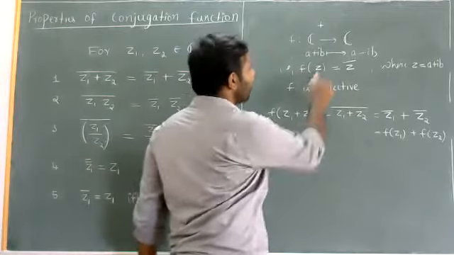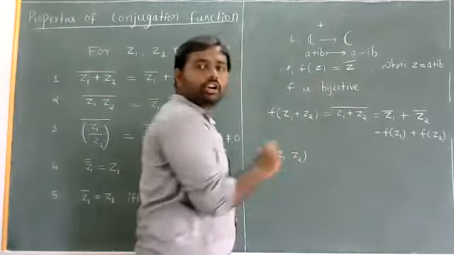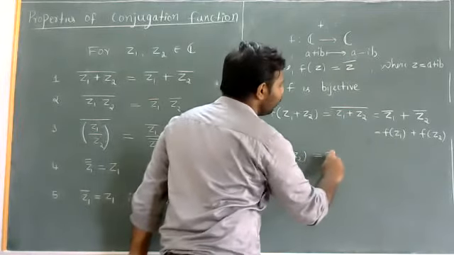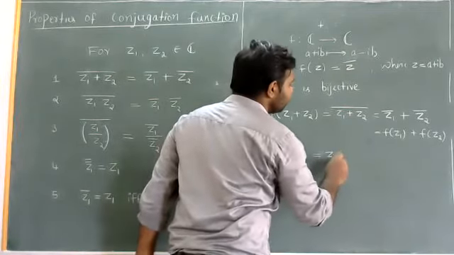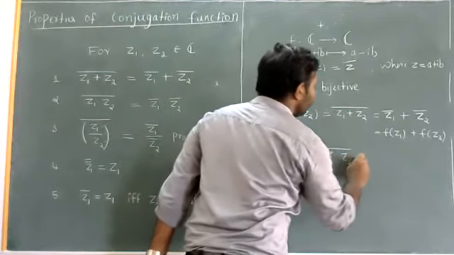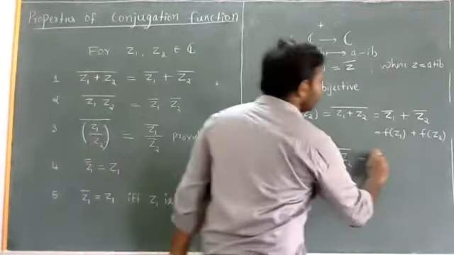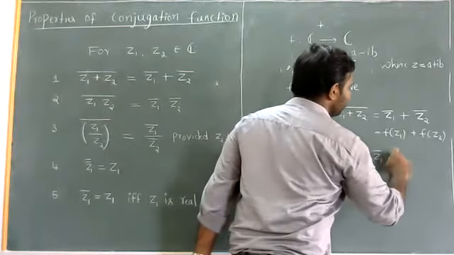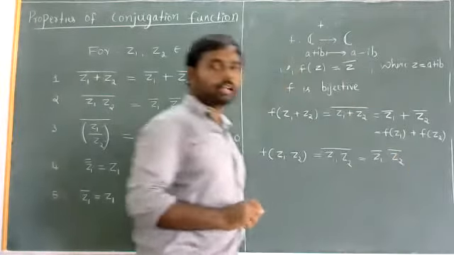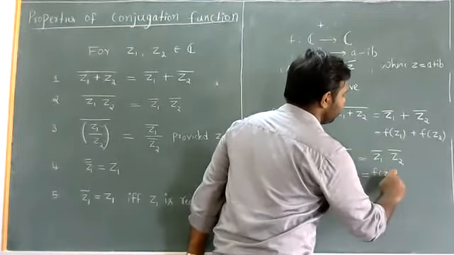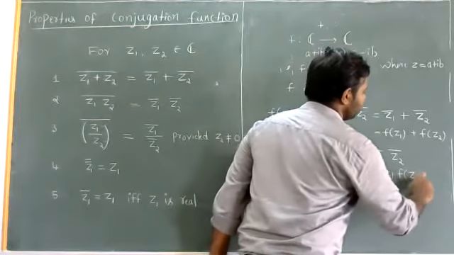The function will carry every complex number to its conjugate. So it carries the complex number z1 into z2 to its conjugate. It is denoted by z1 into z2 whole bar. Now use this property. Then it will be z1 bar into z2 bar, which is f of z1 into f of z2.